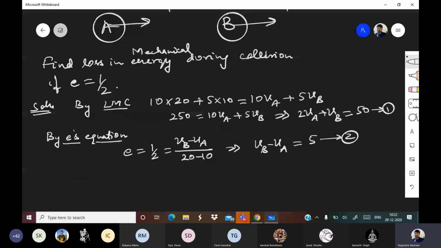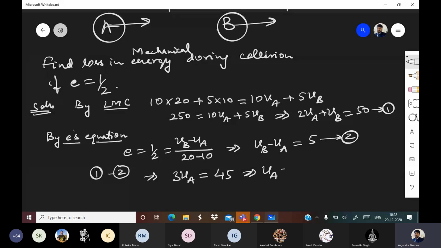Okay. Now, if I subtract 2 from 1, so 1 minus 2, that will give us, pay attention, 2 VA plus VB minus VB plus VA. So this will be 3 VA is equal to 50 minus 5 will be 45.